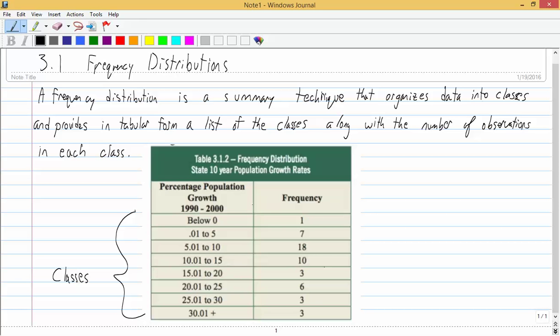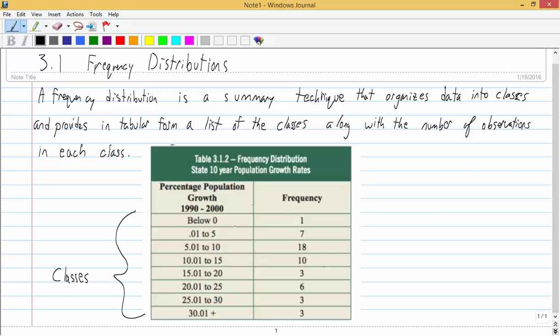You can count this first one as a class, because below 0, I guess that means there was no growth, right? But you can see the difference in these classes, from this lower number to this lower number, and this lower number to this lower number. These are all the same differences. Okay, and the same for the upper number.